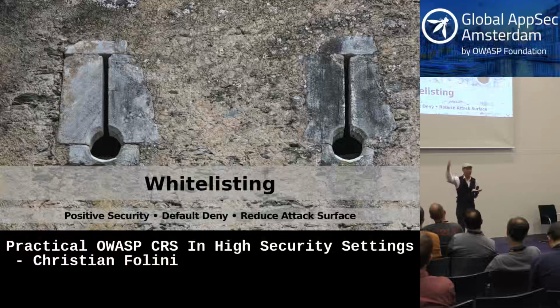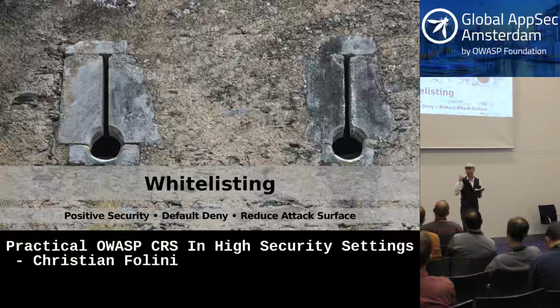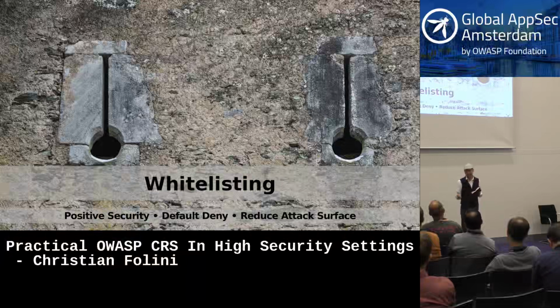And this reduces the attack surface tremendously, because the non-authenticated users can no longer attack your search form, the basket, whatever you have in the deeper layers of your application.